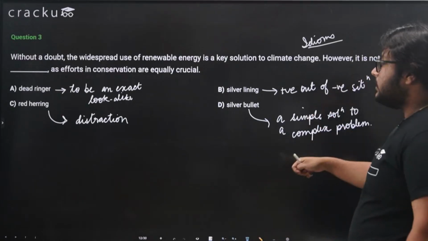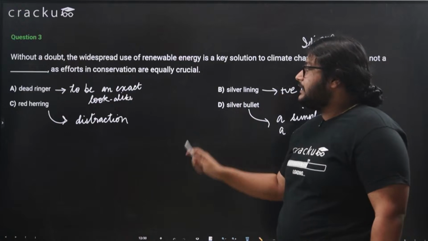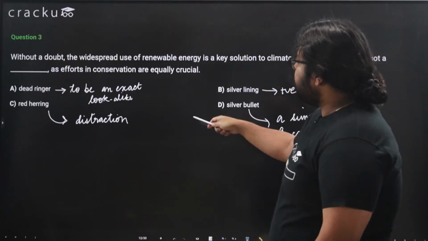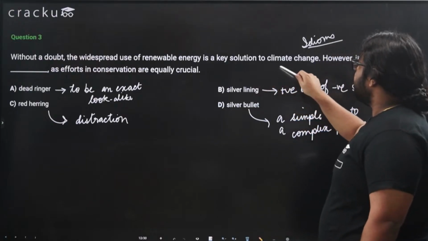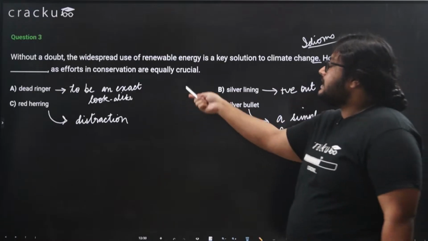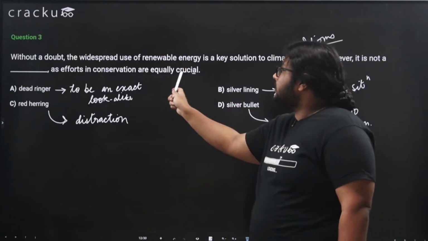Okay, so now that we know what the four mean, let's go through the sentence again. Without a doubt, the widespread use of renewable energy is a key solution to climate change. However, it is not a dash, as efforts in conservation are equally crucial.